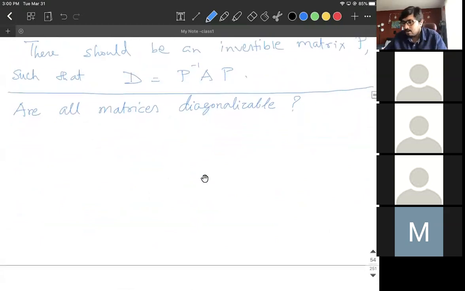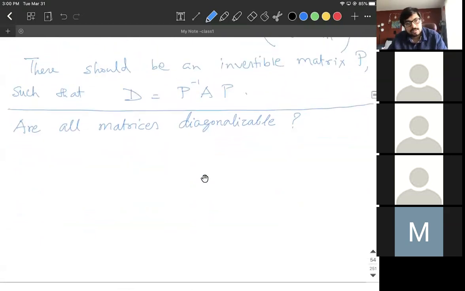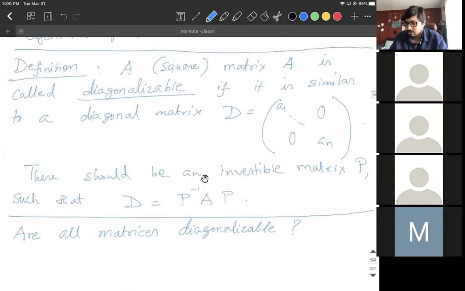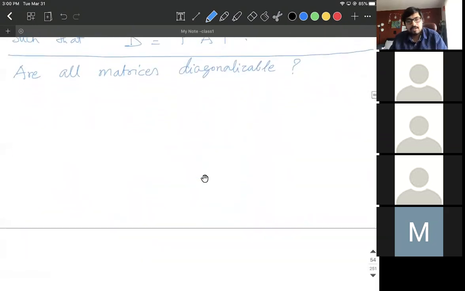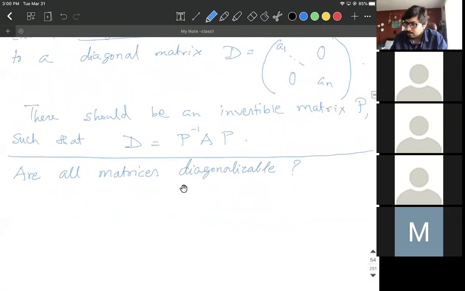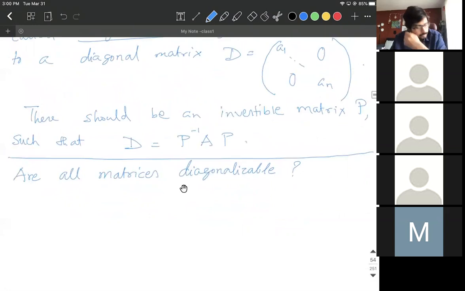What is the good thing if all matrices are diagonalizable? Then we do not need to worry about computing eigenvalues of any matrix, and eigenvalues of diagonal matrices are just the diagonal elements. So even this problem of finding eigenvalues and eigenvectors of a matrix would become much easier if every matrix is diagonalizable.